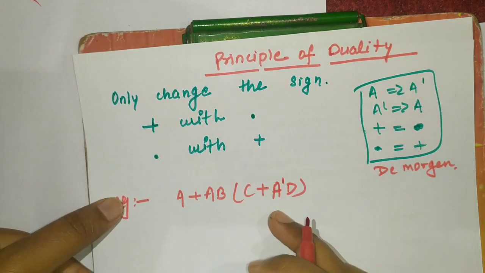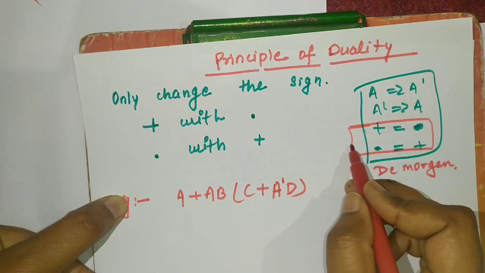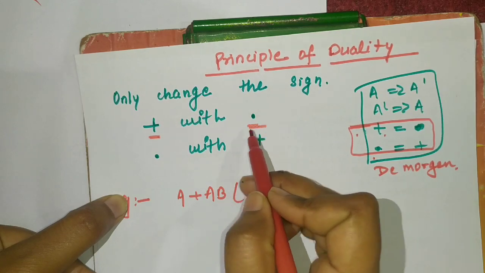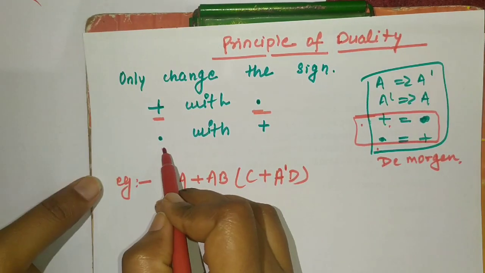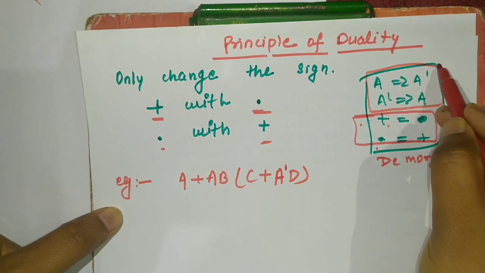But in the principle of duality, we follow only two rules: plus converts to dot and dot converts to plus. It doesn't change the variable.